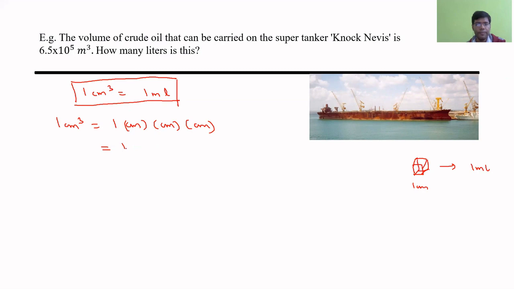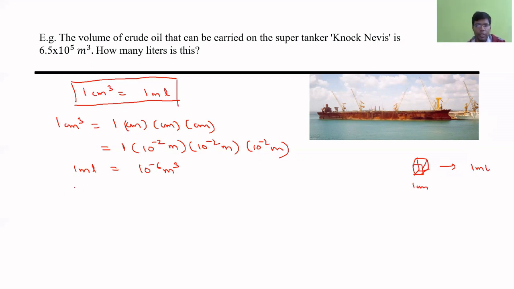So I'll be getting 10 power minus 2 meters, 10 power minus 2 meters, 10 power minus 2 meters. This is nothing but 10 power minus 6 meter cube. That basically means 1 milliliter is equal to 10 power minus 6 meter cube.